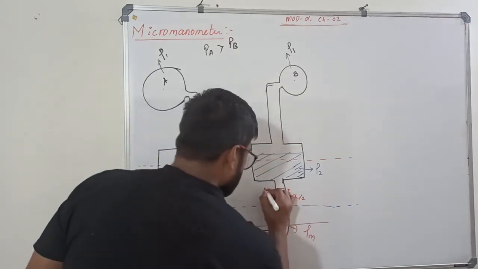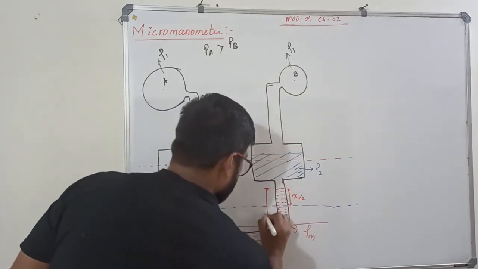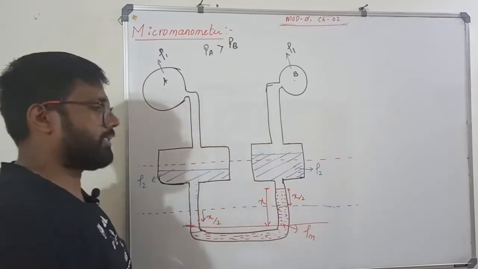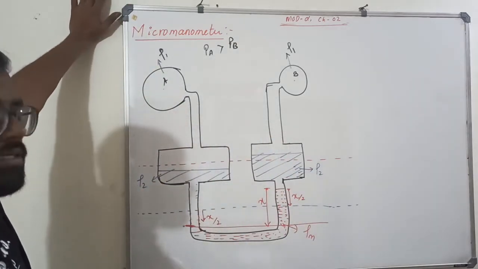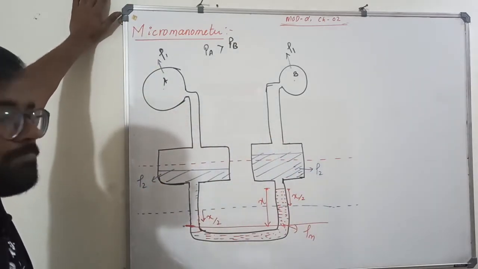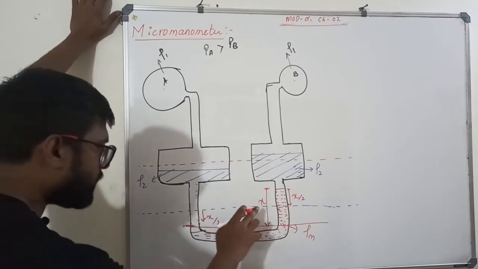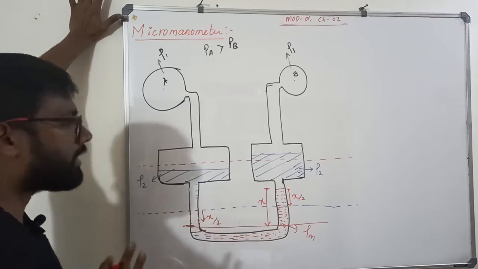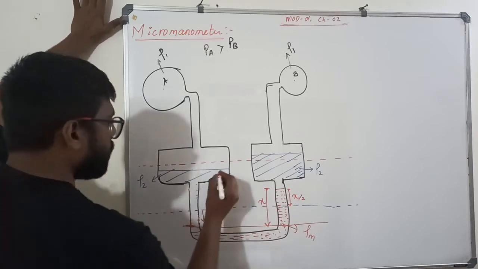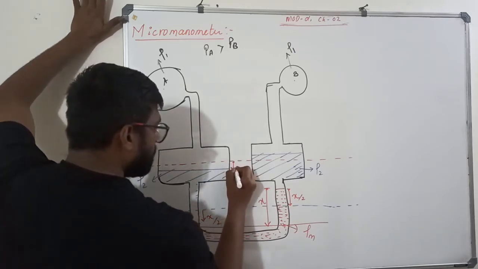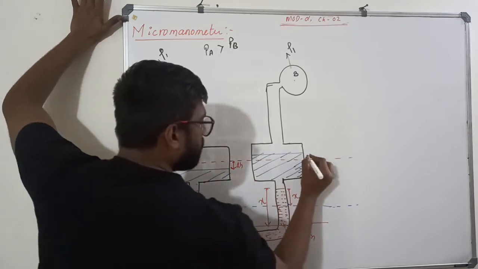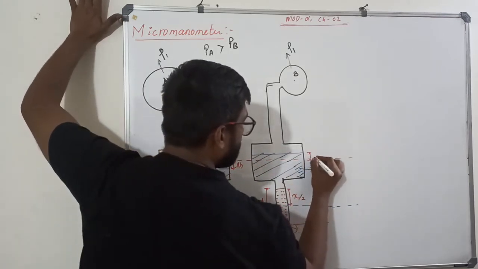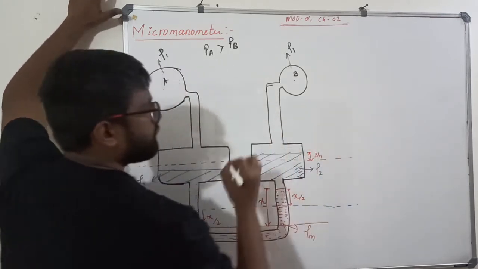So the total difference in the manometric fluid is X. We can write HM by 2, just for easy calculation. So how much depth has it come down? Delta H. And how much has it gone up? Delta H.